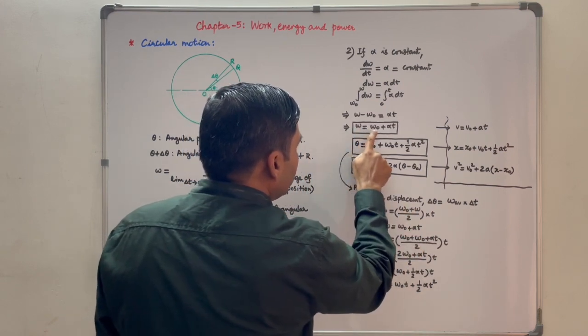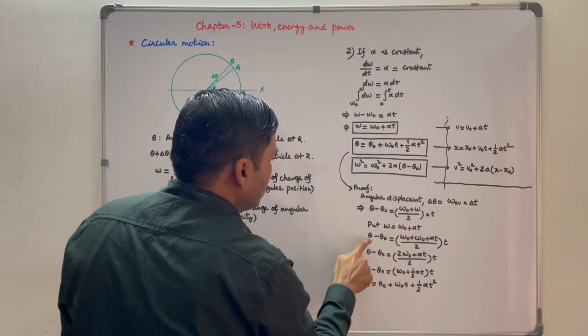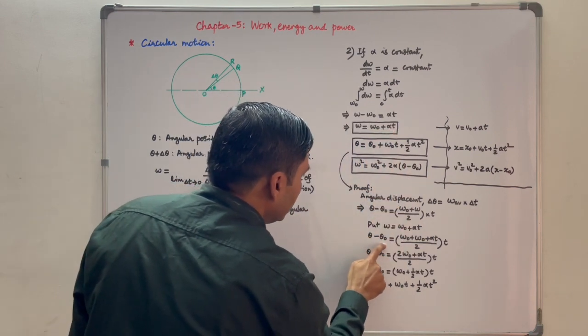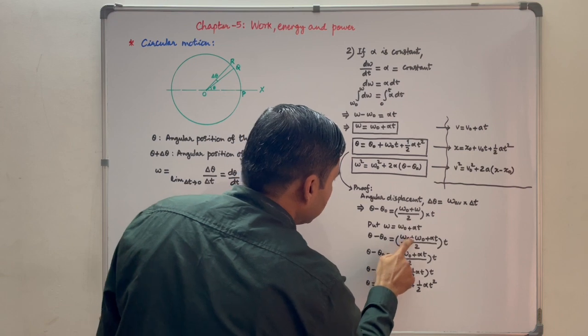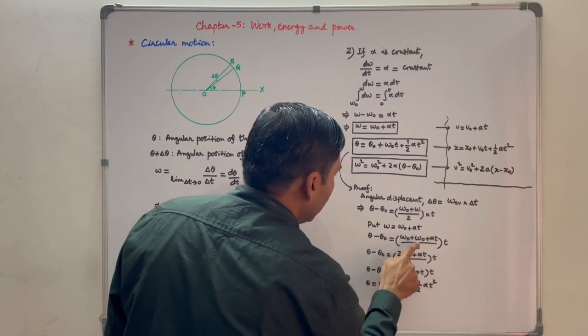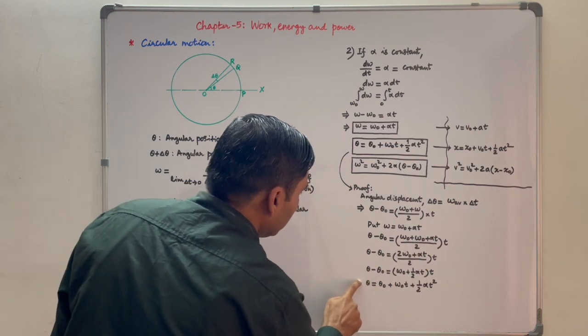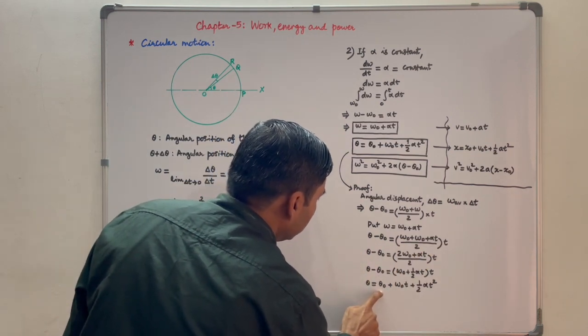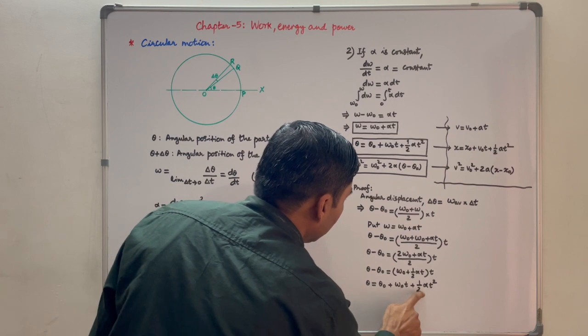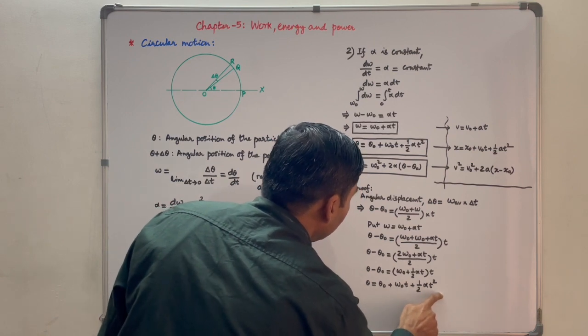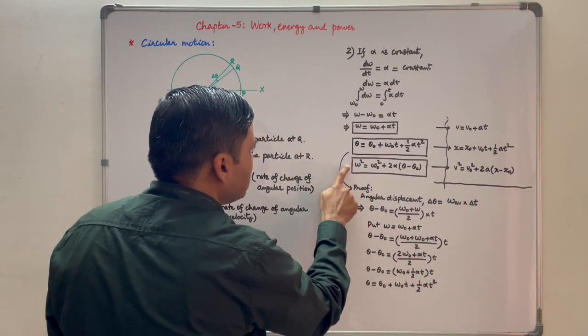Omega is equal to omega 0 plus alpha t. So it will be theta minus theta 0 is equal to omega 0 plus alpha t upon 2 into t. On simplification, it will give theta is equal to theta 0 plus omega 0 t plus half alpha t square. Now let us see proof of third equation.